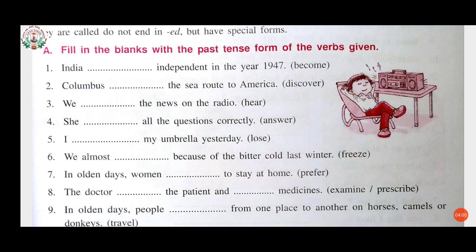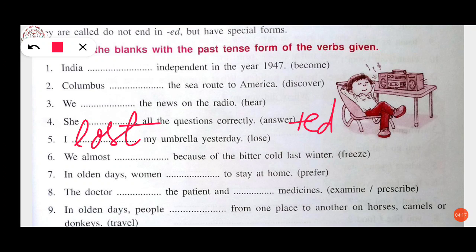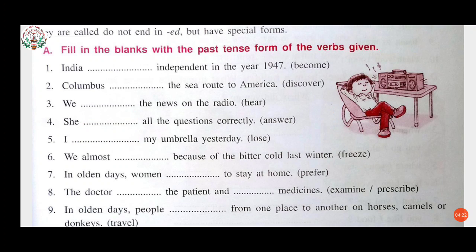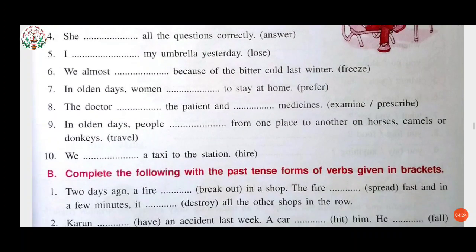So in past tense we can write this answer by adding ed with this verb. Like fifth one, I dash my umbrella yesterday and lose is given. So that will change to lost. In past tense, that lose will change to lost. So I lost my umbrella yesterday.